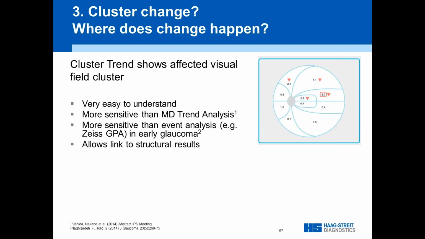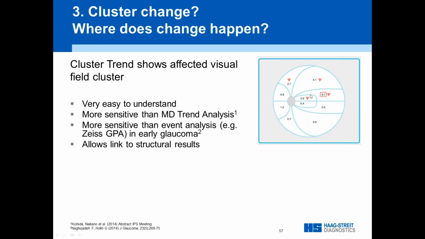LD and DD, they're unique to the Octopus. And the set of analyses is unique to the EyeSuite. The cluster and the polar trend analysis are also unique to EyeSuite. Nobody else has them. Great, thank you.